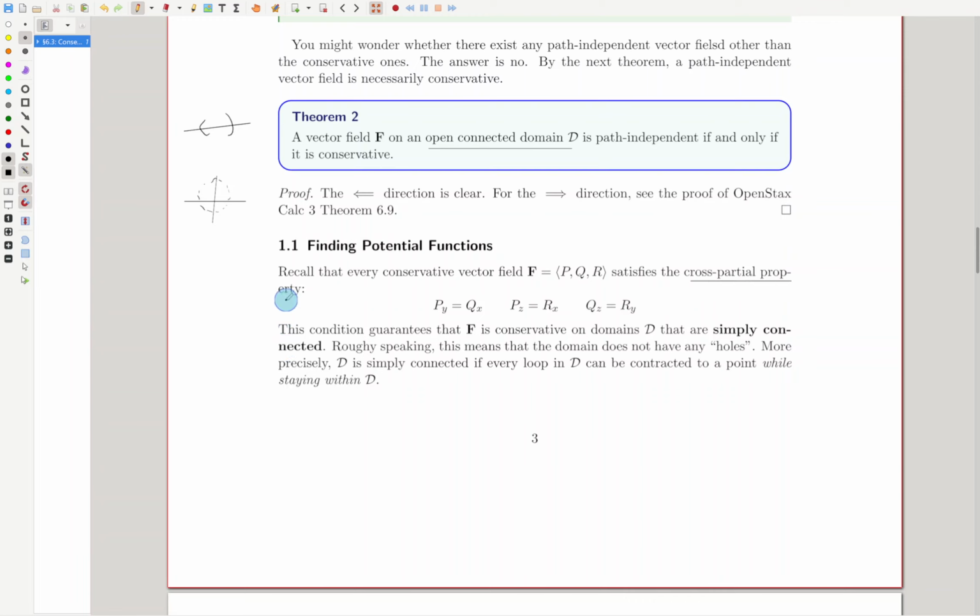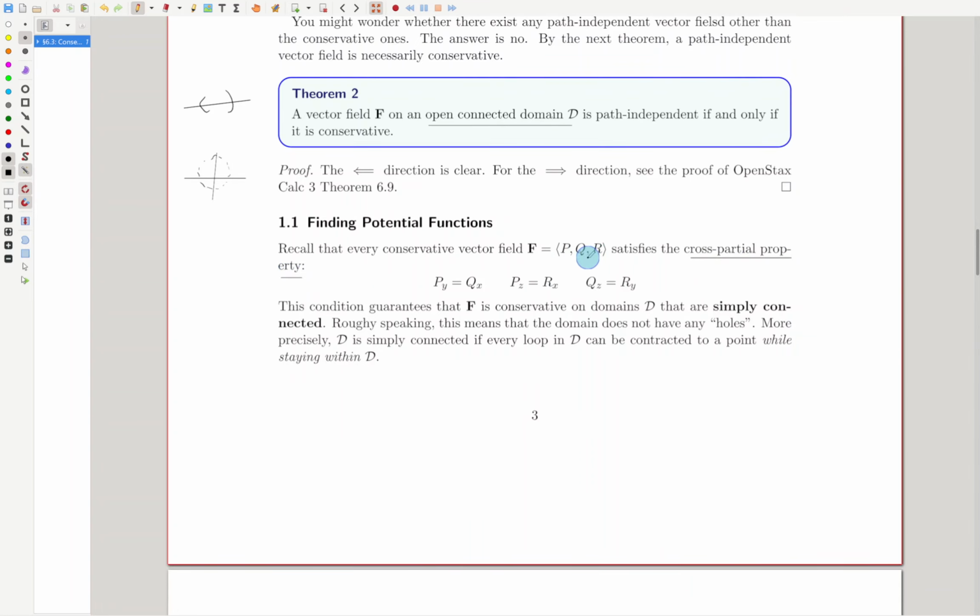If we name the component functions P, Q, and R, this is one of the conventions that show up in textbooks, P, Q, and R. I forget if the OpenStax book does it this way or not. But yes, P corresponds to the X component function, Q is the Y component function, and R is the Z component function.